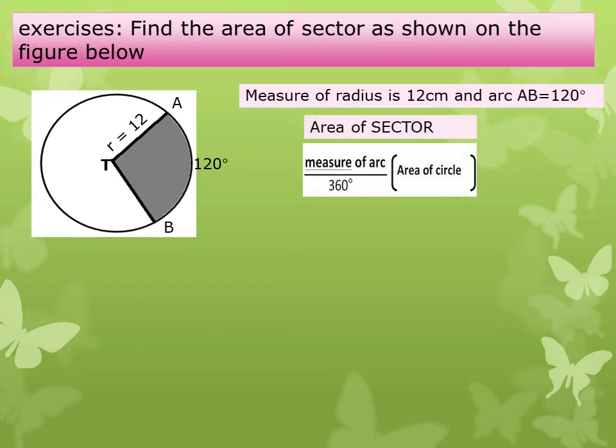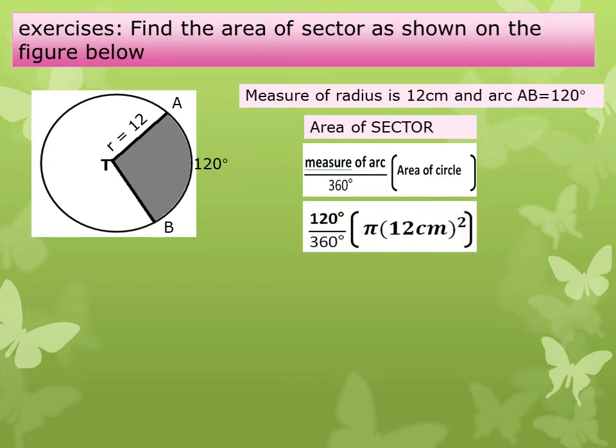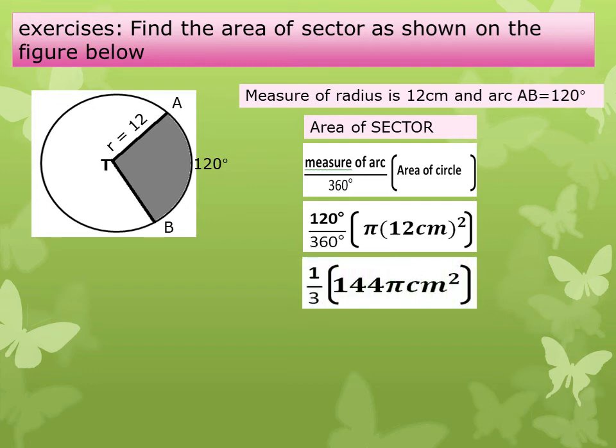Since we have now the formula that area of sector equals the measure of arc over 360 degrees times the area of circle, we have now 120, the measure of arc, over 360 degrees times pi r squared. So we have pi times 12 centimeters squared, or 120 over 360 is one third by simplifying, and 12 squared is 144 pi centimeters squared. Simplify.